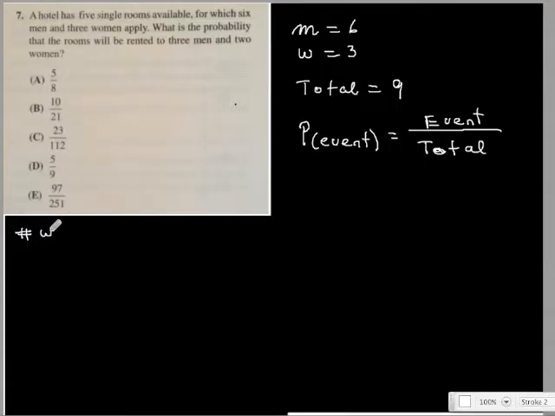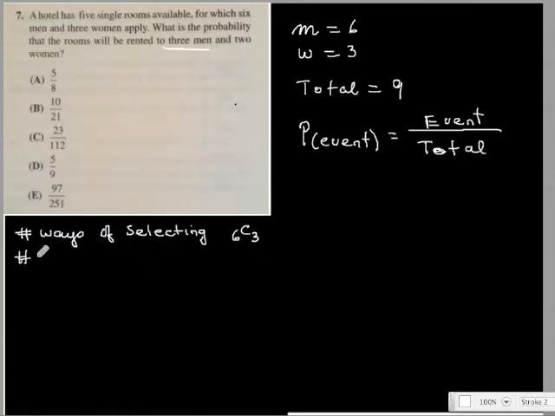So the number of ways of selecting 3 men out of 6 is 6C3.